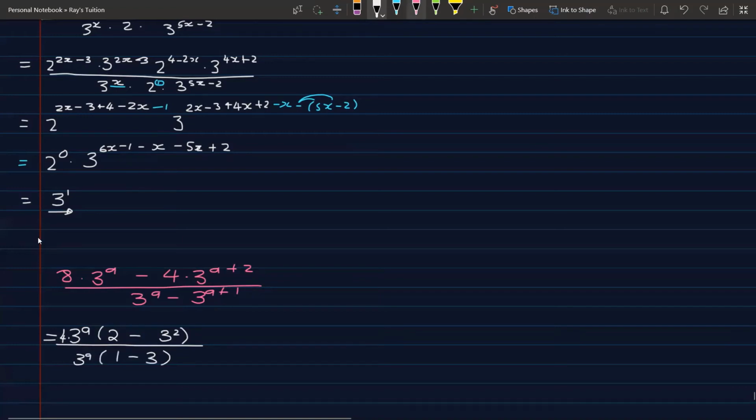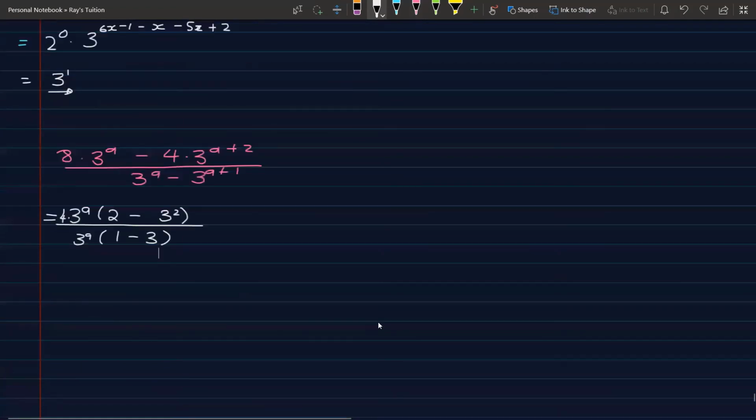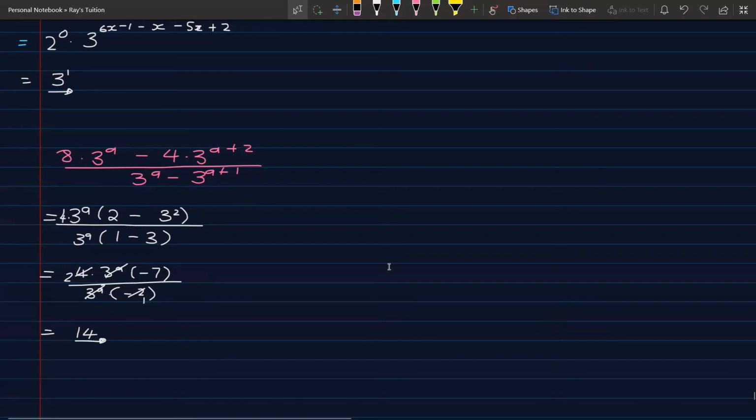Then what we can do is go ahead and simplify. So this here is 4 times 3 to the a, and 2 minus 9 is minus 7, all over 3 to the a times minus 2. And if we simplify that, the 3 to the a cancels out. 2 goes in there once, and twice the minuses cancel, so it just leaves us with 14.